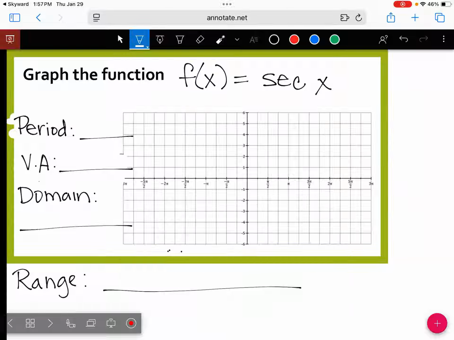The first thing you want to do is figure out who is the sister, because the sister will tell you if we're starting at the top or the middle. So who is the sister of secant? Cosine. So when I graph it, I'm going to graph it just like I would cosine.